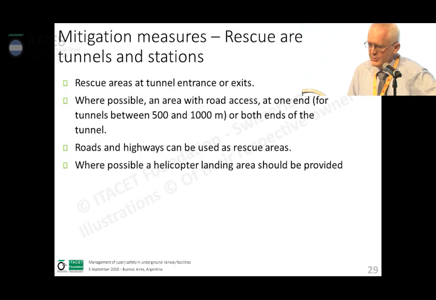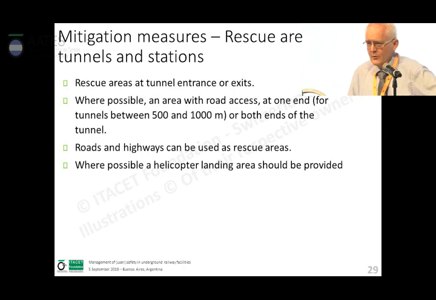Further mitigation measures are then rescue areas outside the tunnels and stations. So if there is an incident in the tunnel, you all of a sudden are faced with many rescue vehicles outside the tunnels. They need space. So there should be areas at the tunnel portals.